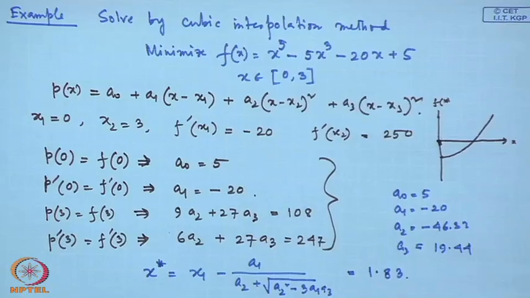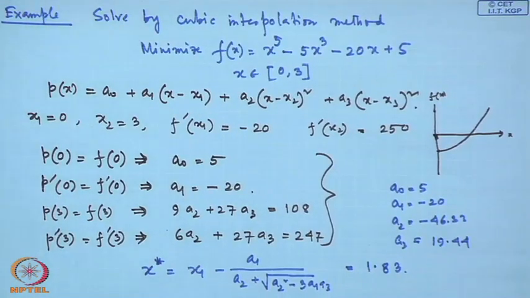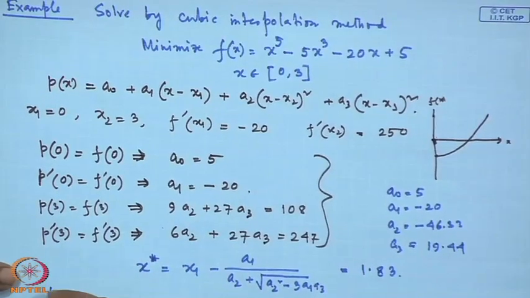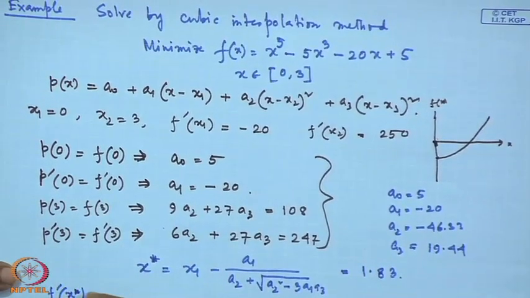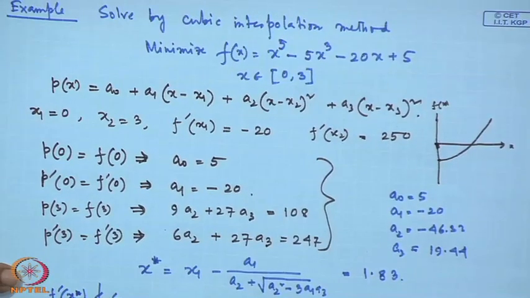We will go for the functional value, and we will see that the first order derivative of the function is not small enough, that is why we will go to the next iteration.